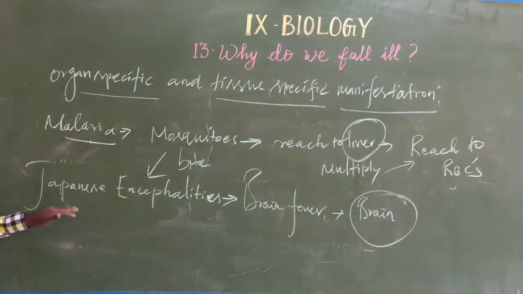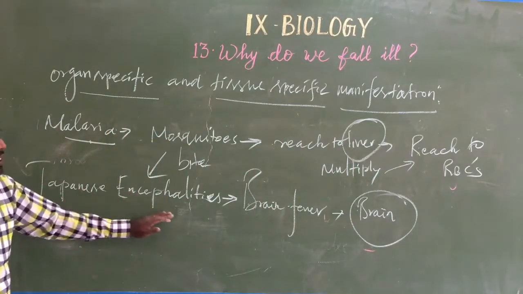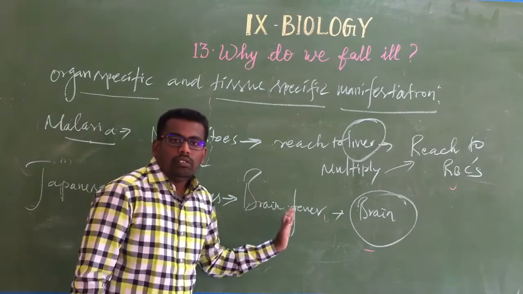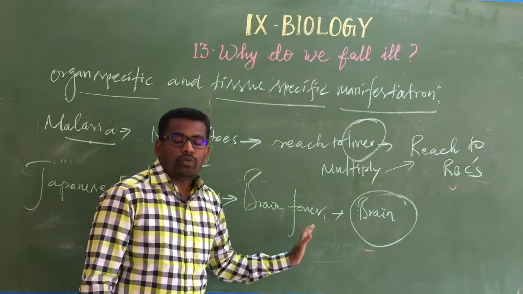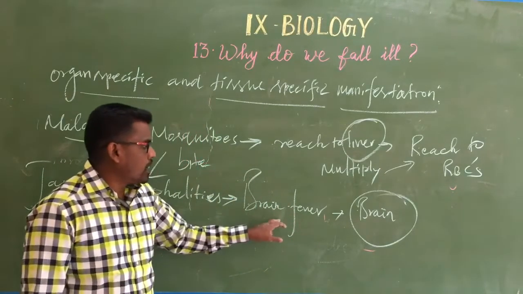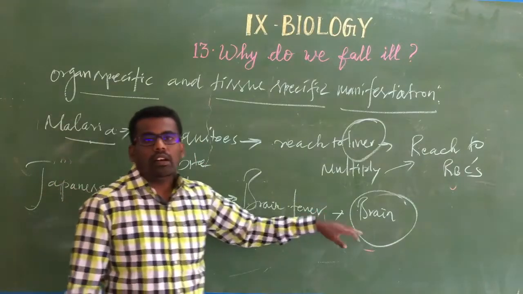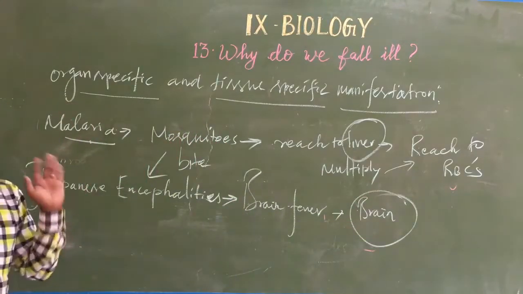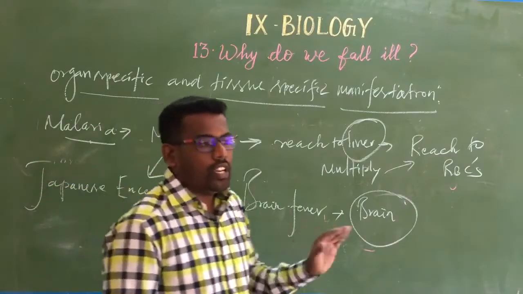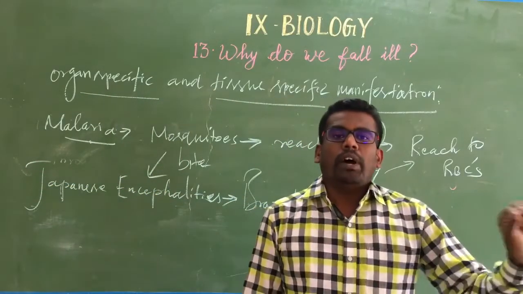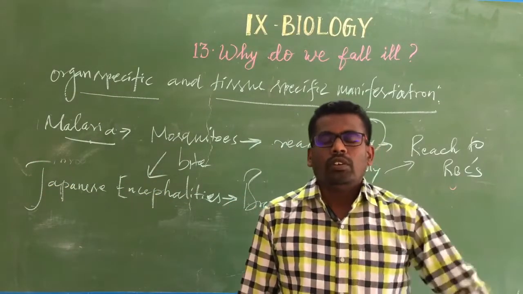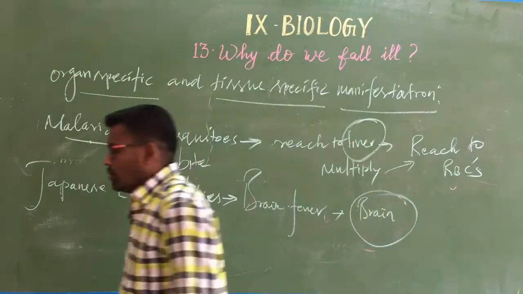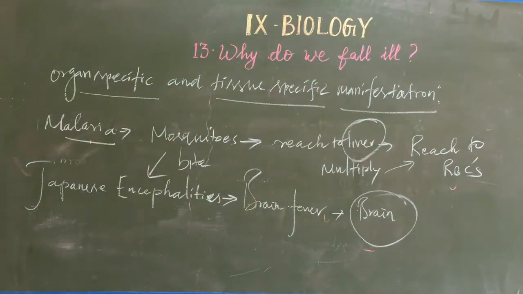Or in another disease, Japanese encephalitis, the microorganisms transmitted through the mosquito bite reach the brain and affect the brain's function. So the mode of entry, the point of entry, decides where the microorganism reaches, which tissue or organ. These are the examples.